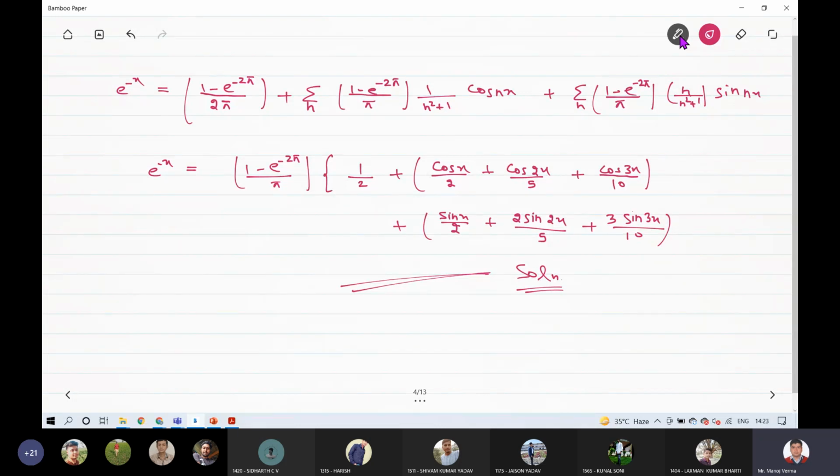In this question, they may ask for any identity, and for that you may put, for example, x equal to 0. If you put x equal to 0, then this particular solution will give you some identity. You have to see for which particular value of x you can get a particular identity.